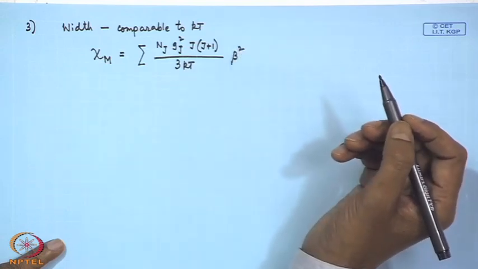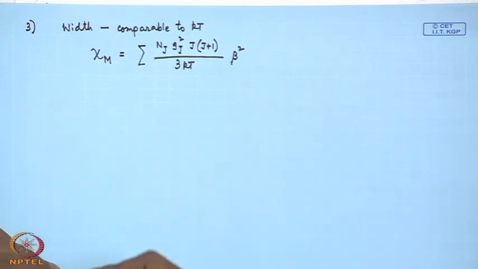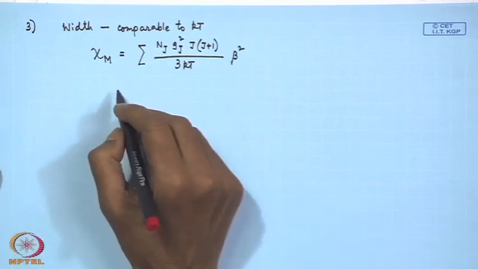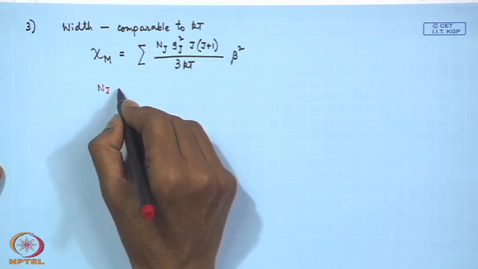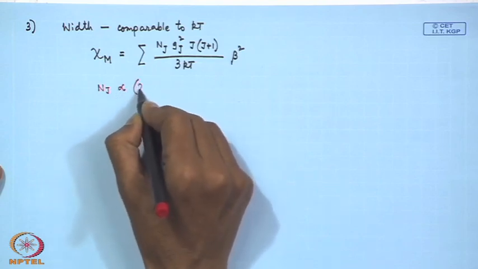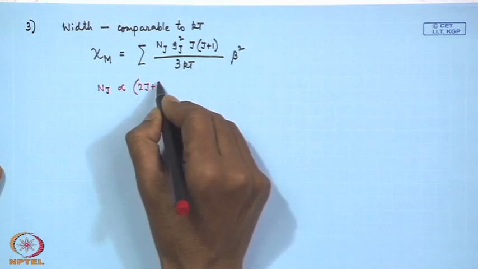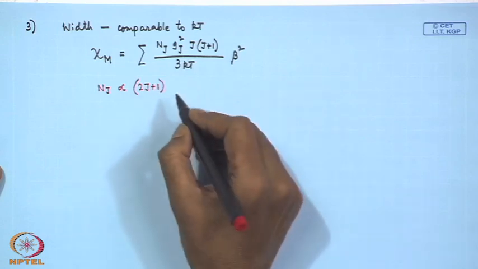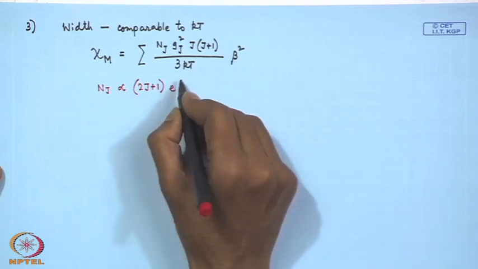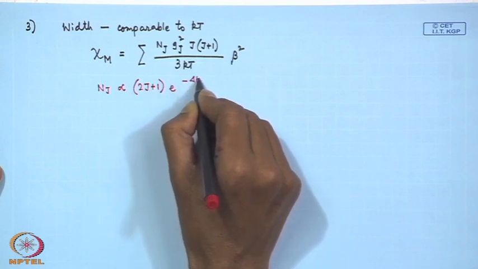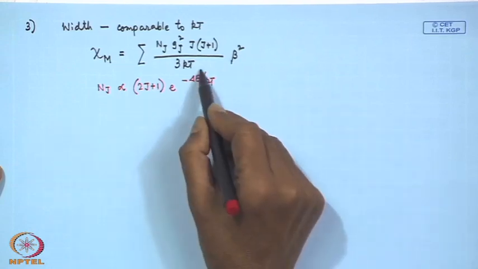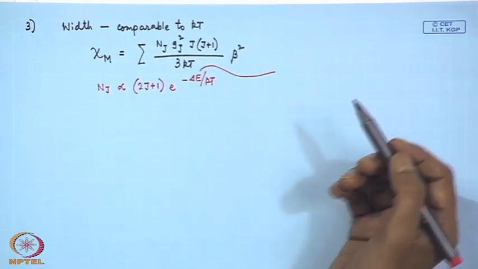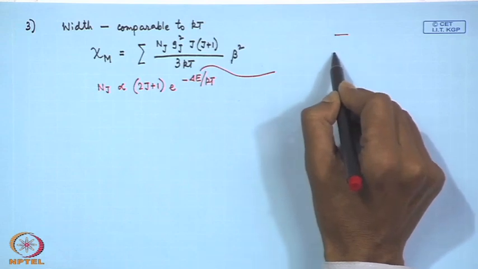This is the form of the new Curie equation for a situation where the multiplet width is comparable to kT. So, these Nj values are proportional to the multiplicity related to the J value and exponential minus delta E by kT, and that is the corresponding energy we are talking about for these different levels.